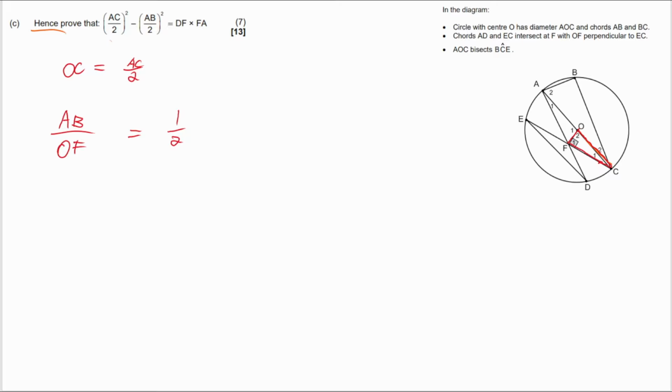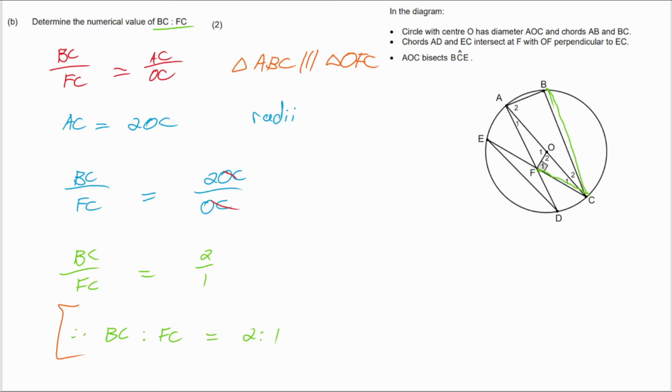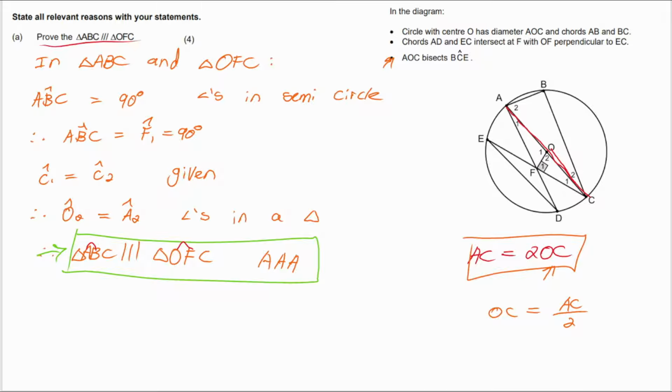And this came from similar triangles, or technically from sides in proportion. ABC is similar to, what was it? OFC, yeah.